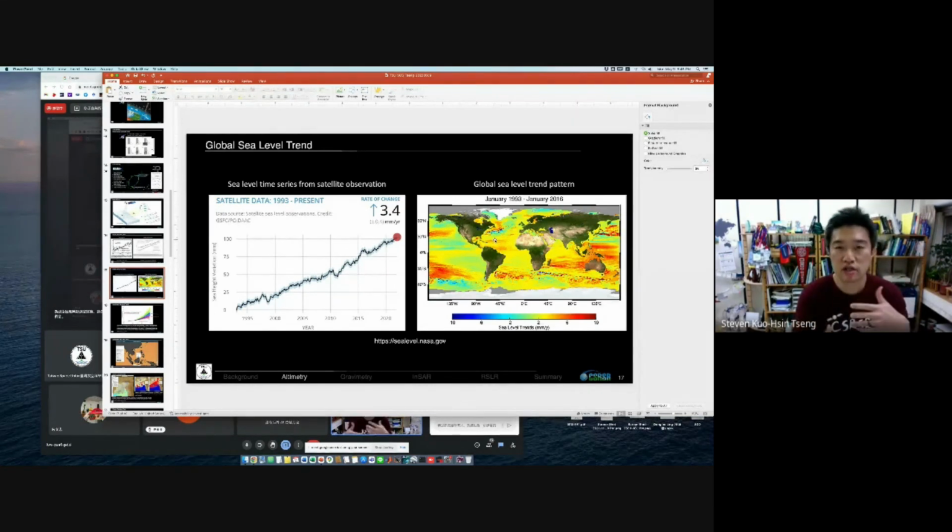The temperature and also the salinity change of the ocean will also cause changes in the ocean pattern, the wave pattern, and the eddy pattern. Eventually, putting all these parameters together in the model, we can simulate that the rate is different from place to place. We call that the dynamic pattern on top of the mean sea level change.